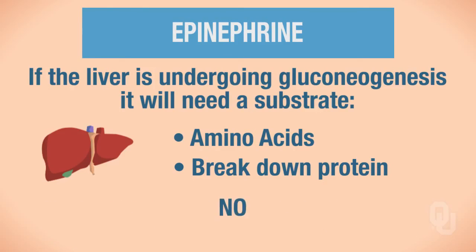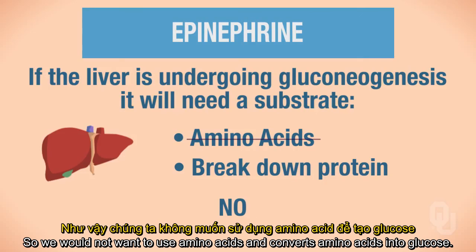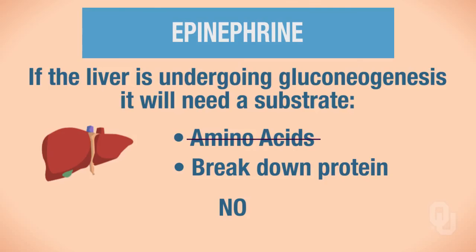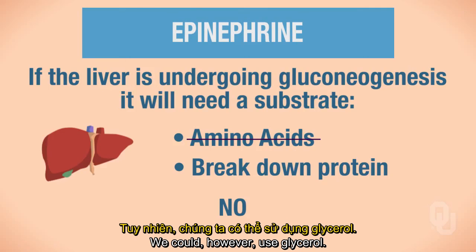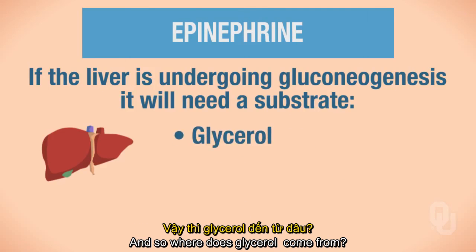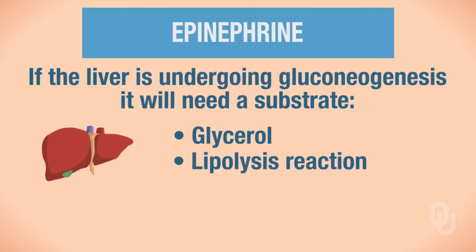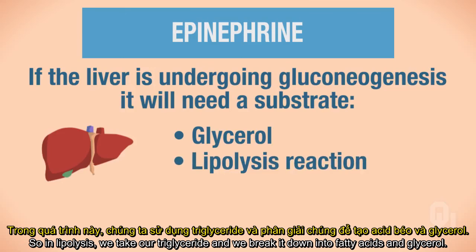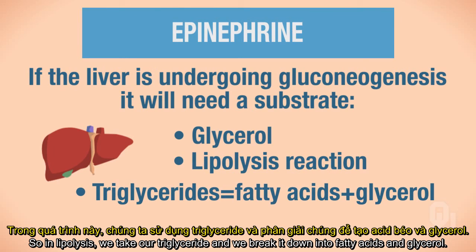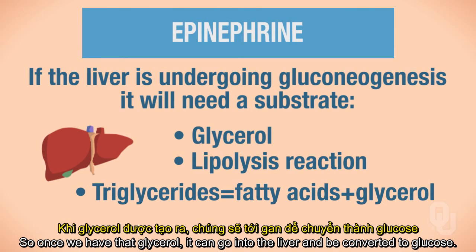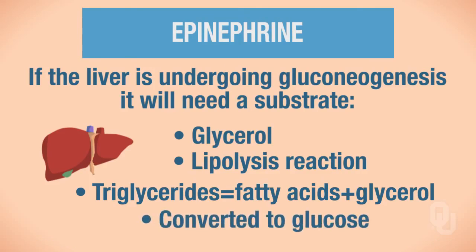Hopefully you answered no. So we would not want to use amino acids and convert amino acids into glucose. We could, however, use glycerol. And so where does glycerol come from? Glycerol comes from a lipolysis reaction. So in lipolysis, we take our triglyceride and we break it down into fatty acids and glycerol. So once we have that glycerol, it can go into the liver and be converted to glucose.